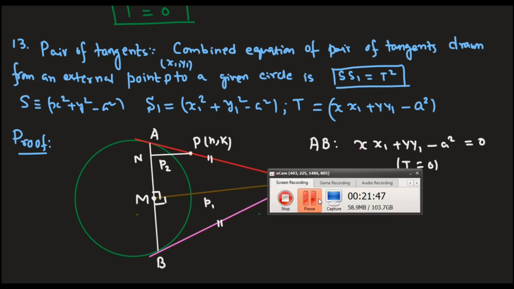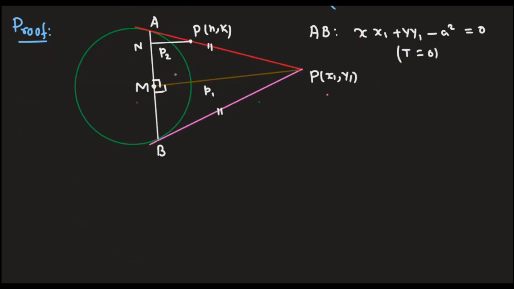Here you notice that triangle ANP is similar to triangle AMP, because one angle is 90 degrees, and the lines are parallel, so these angles must be equal.